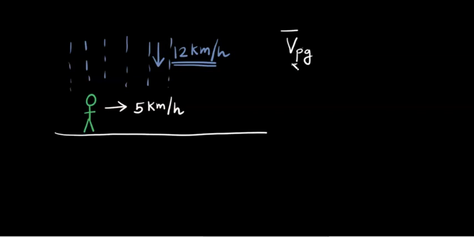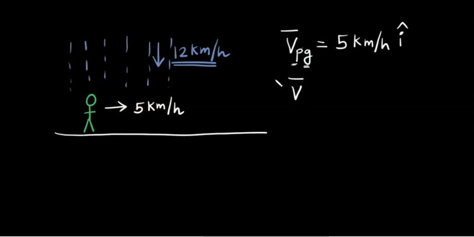This is P, the velocity of person with respect to ground. It is 5 km/h in the right direction, so I will keep it as I cap. Right direction I will take as the positive axis, and there is a downward speed of rain. The downward speed of the rain is 12 km/h.